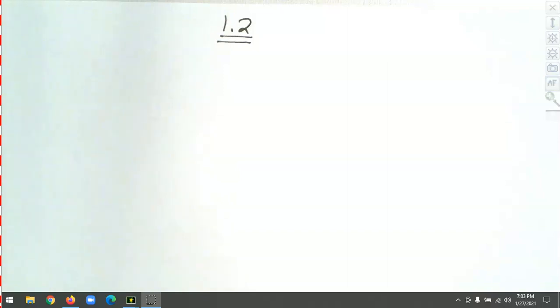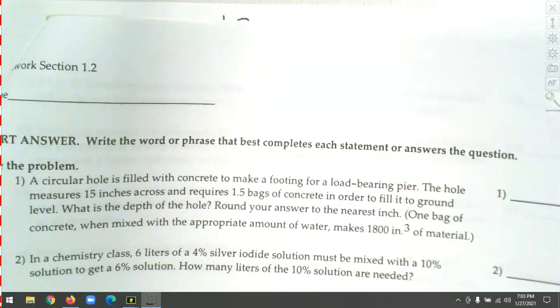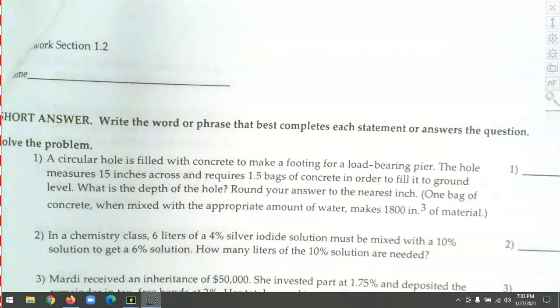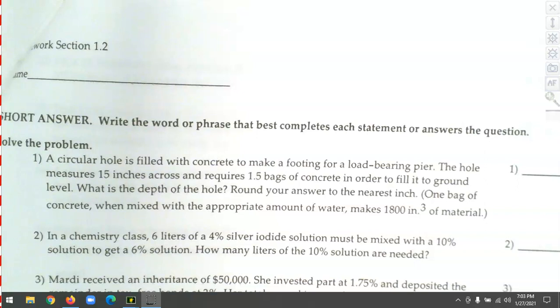We'll need a formula for question number 1 in the back cover of our textbook, I believe. So we'll read through the question, see what we're working with, find the correct formula, and then work it out. A circular hole is filled with concrete to make a footing for a load-bearing pier.